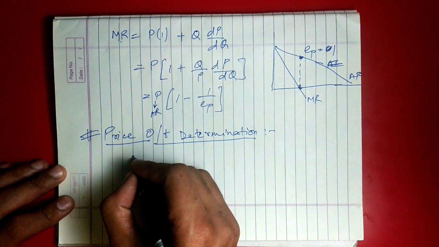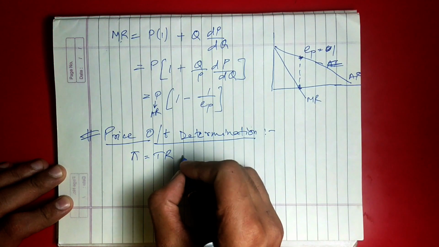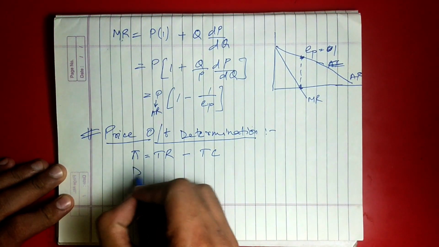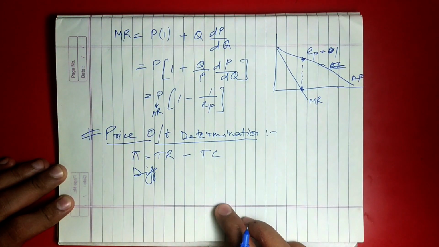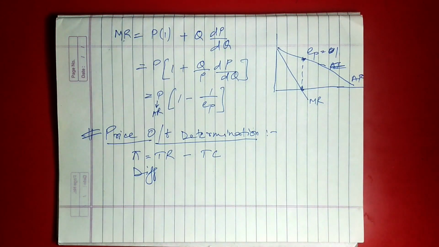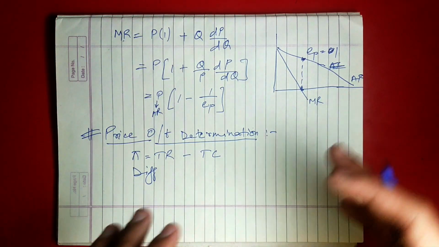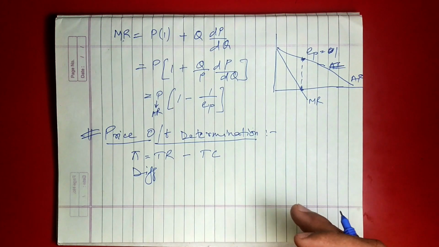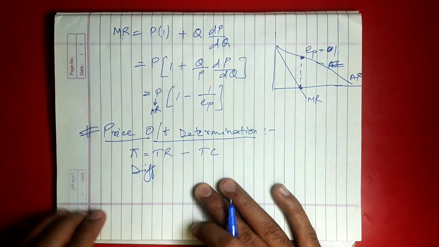So what is profit? Every kid knows it's revenue minus total cost, right? So what do we do now? When we have to maximize something, we have to take the first and second derivative. To maximize the equation, the second derivative should be less than 0, and we check the value of the second derivative at the condition we get from the first derivative. So we will do the same thing over here.